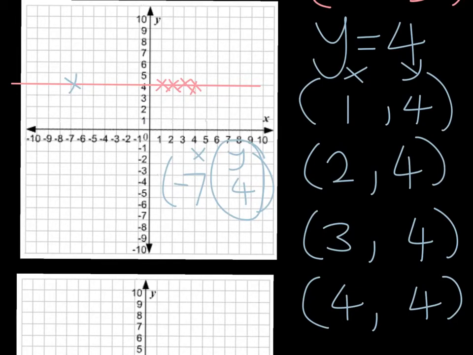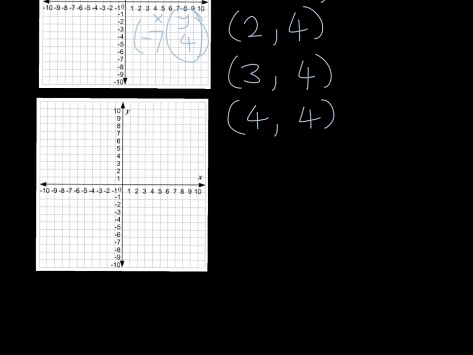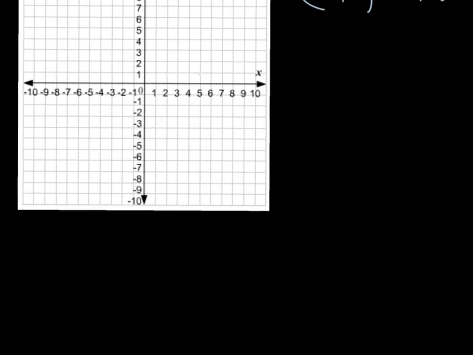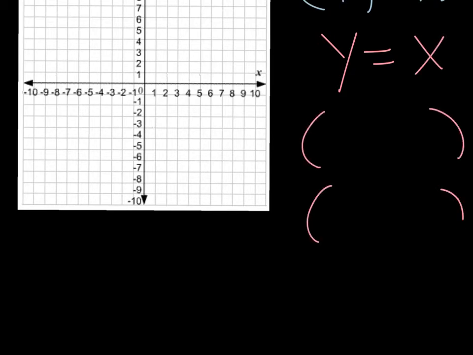And then one final one to have a look at is the graph called y is equal to x. So if we just pick some coordinates for this, now if you think y equals x, that is telling us our y coordinate needs to be equal to whatever our x coordinate is.